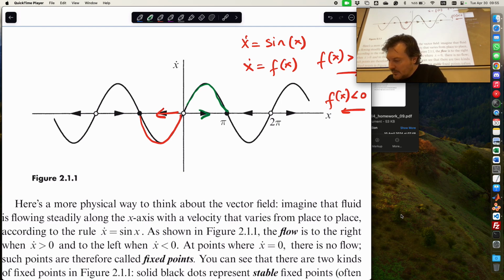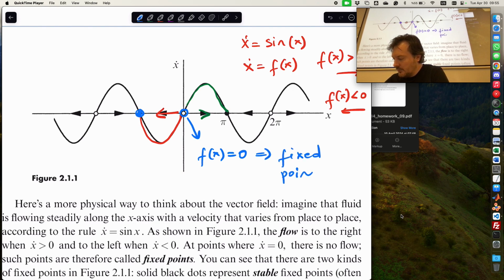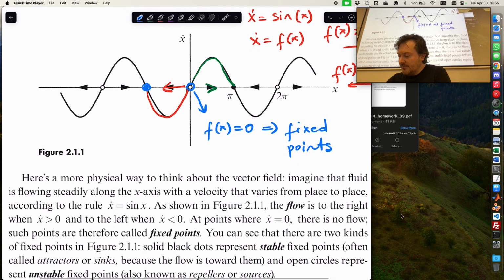And they are like open circles and closed circles. When they are open, we call them, so f of x equals 0 are called fixed points. And if the flow goes away from it, then it's an unstable fixed point. If it's going towards it, it's a stable fixed point. Can you have a half stable fixed point? Maybe, we will see.